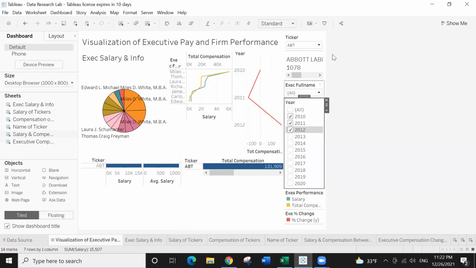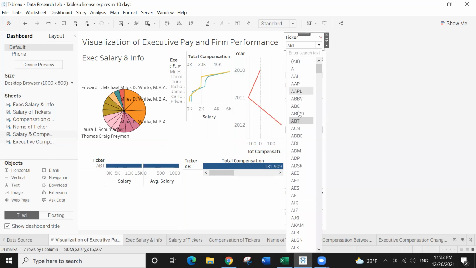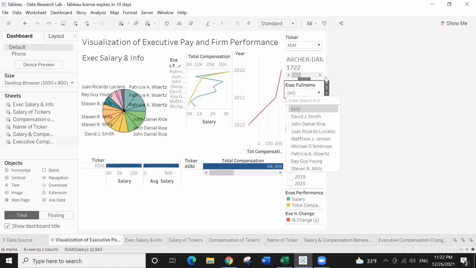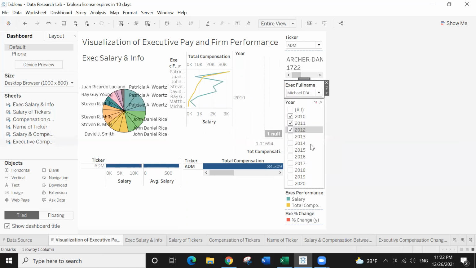And this curve here, we could see through the curves by checking the people here. So this curve shows the total compensation percentage change of the person here. So we can understand the percentage change by changing the filters here.